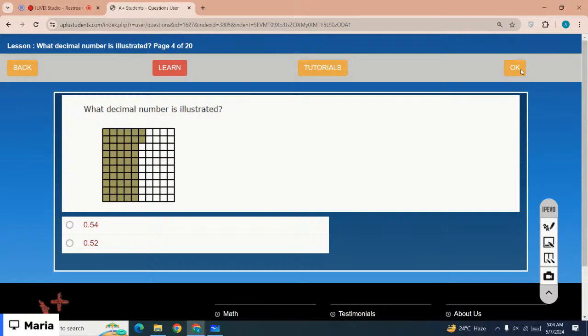What decimal number is illustrated? Which is the correct option? The correct option is 0.52. Option number 2 is the correct option.